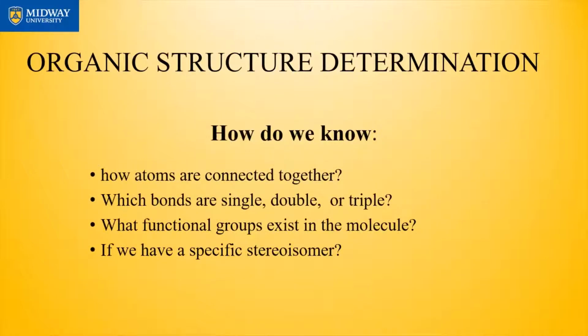Now, how do we know? Well, whichever tool you use to determine the structure, each tool has its own set of parameters that will be used to identify how atoms are connected in a molecule, whether the bonds are single, double, or triple, or the type of functional group that exists, which can influence the type of outcome that that tool, which is NMR, IR, or mass spec, can provide.